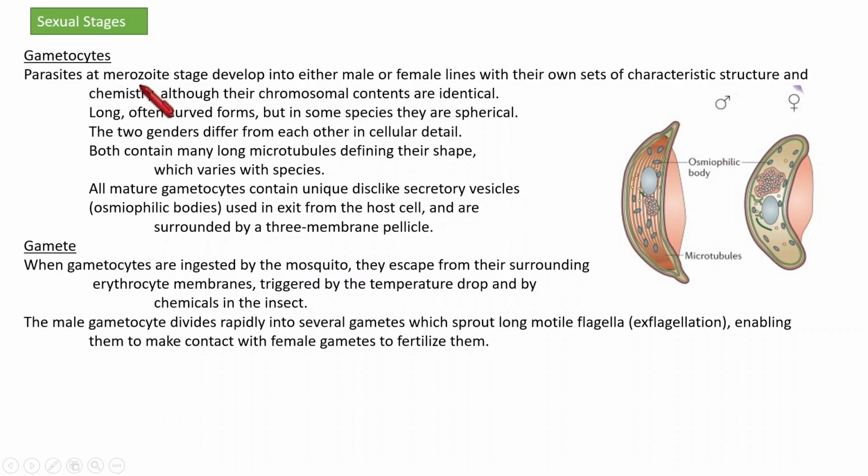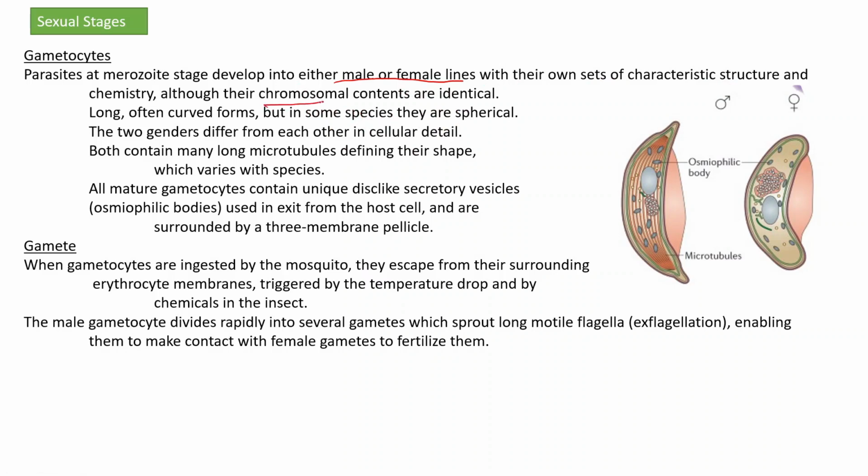While being inside the body of the host, some of the parasites at the merozoite stage develop into either male or female forms, and they have their own characteristic structure, but they have identical chromosomal content.